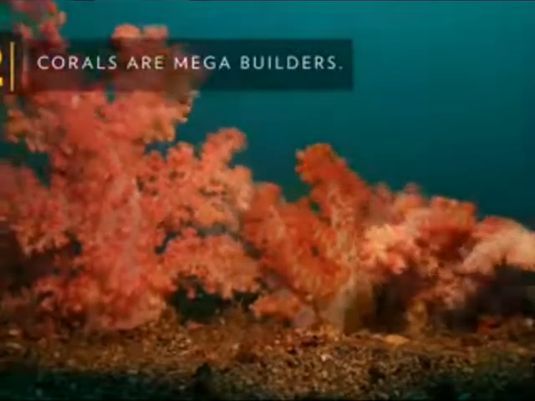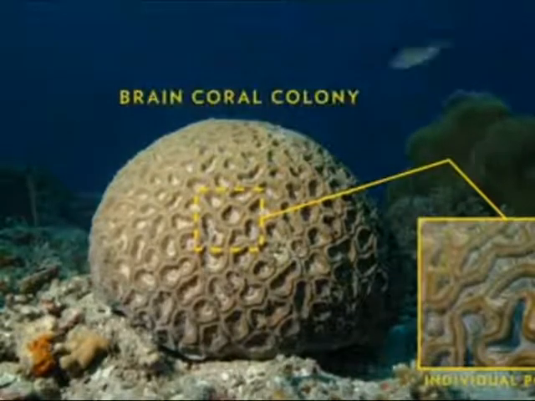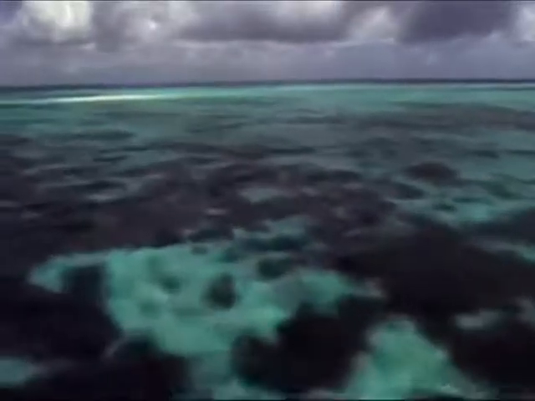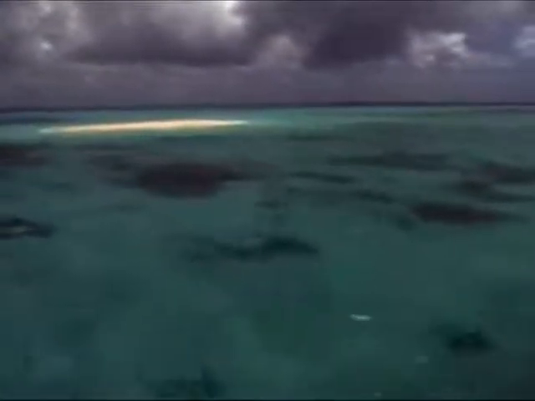Corals are mega builders. See how they are with different colors, and the body is made up of calcareous material, so they are very hard. In the sea and ocean, meters together you get the corals, and these are called coral reefs.